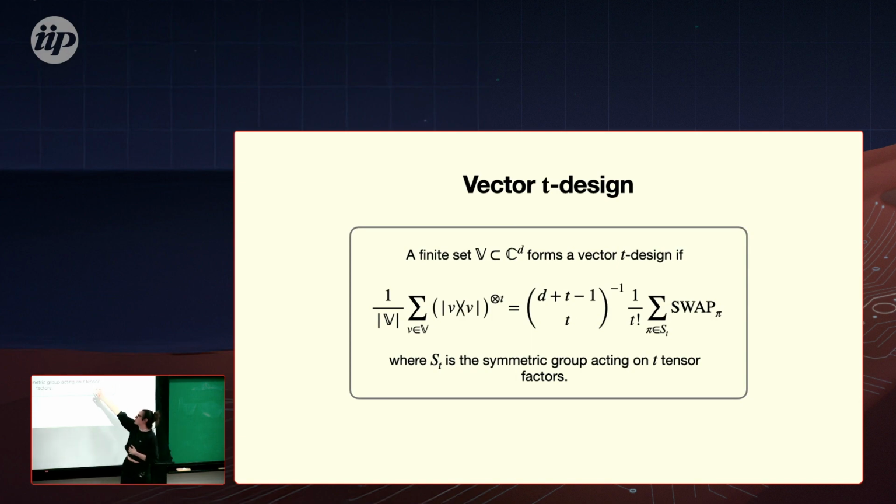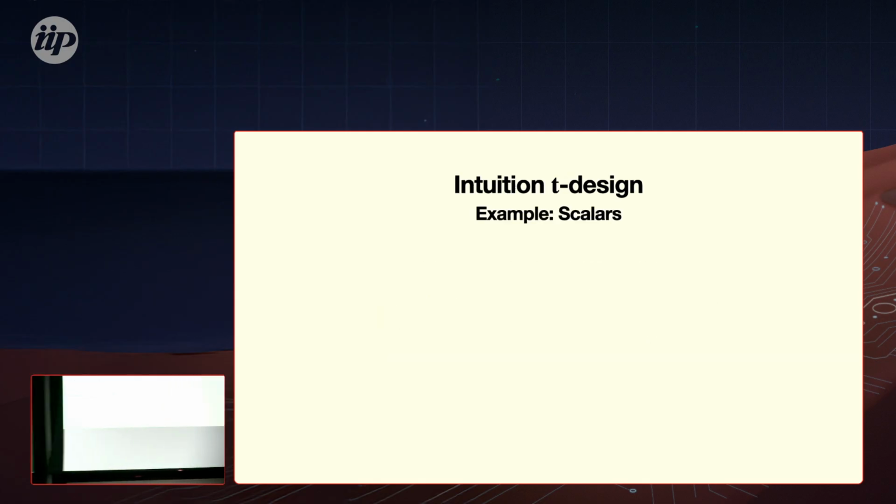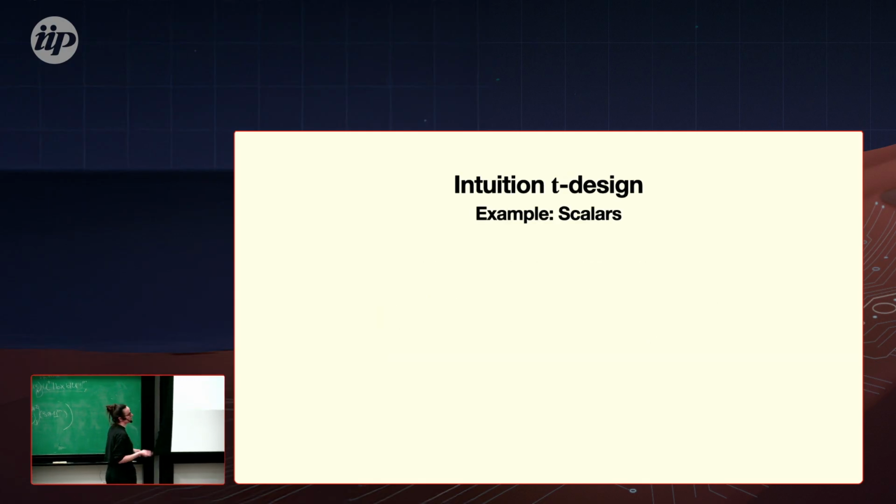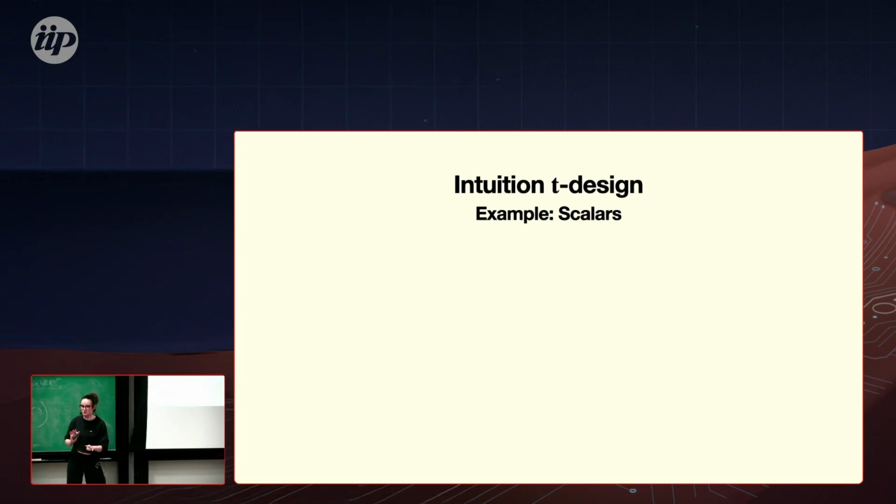But in general, you can generalize this to any finite set that is a T design. Okay, I always find that a bit counterintuitive, so let's start with an example, because scalars we know very well how to deal with, right? Vectors are like an object with many numbers in it, and it has some norms and everything, but scalars we know how to handle.